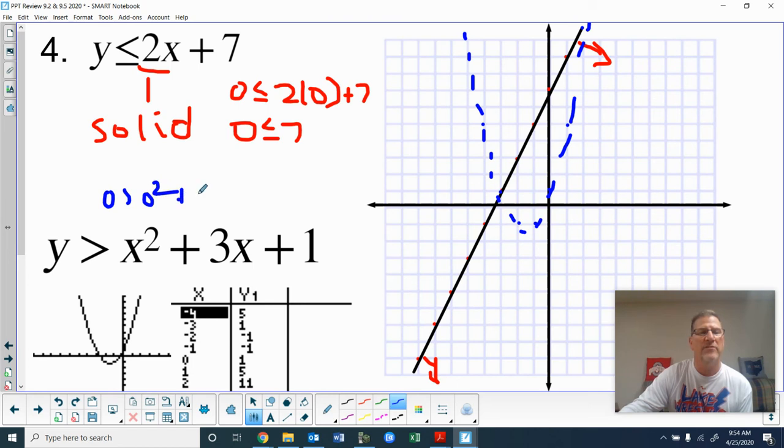Ooh, nice 2. That's supposed to be a plus. 0 plus 1, which most of you don't need to do that. Remember, this is supposed to be a greater than sign, sorry. So we got 0 on the left.